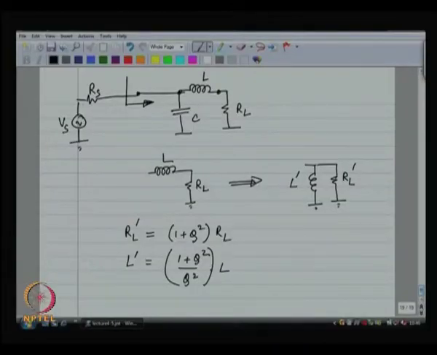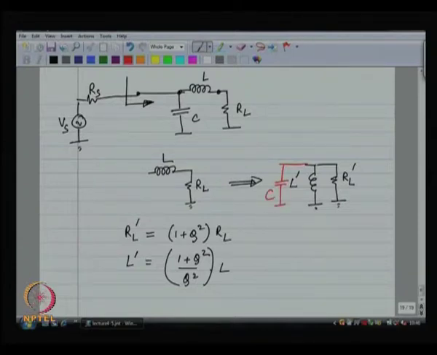So, we transform the inductor in series with the resistor to an inductor in parallel with the resistor. And now, I need L prime and C to resonate with each other at omega naught.